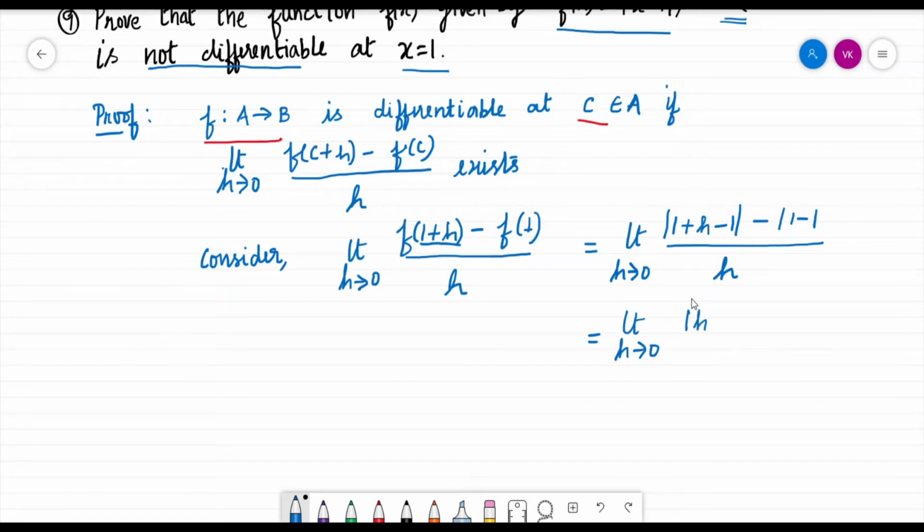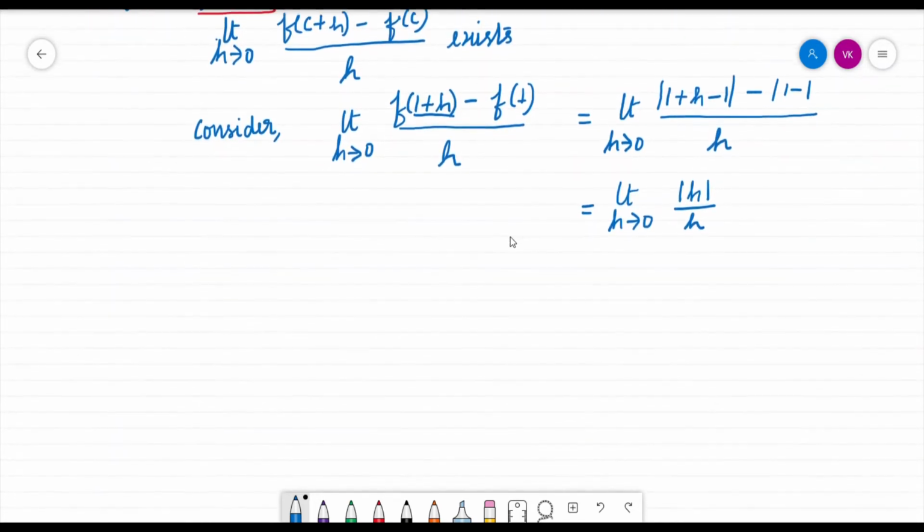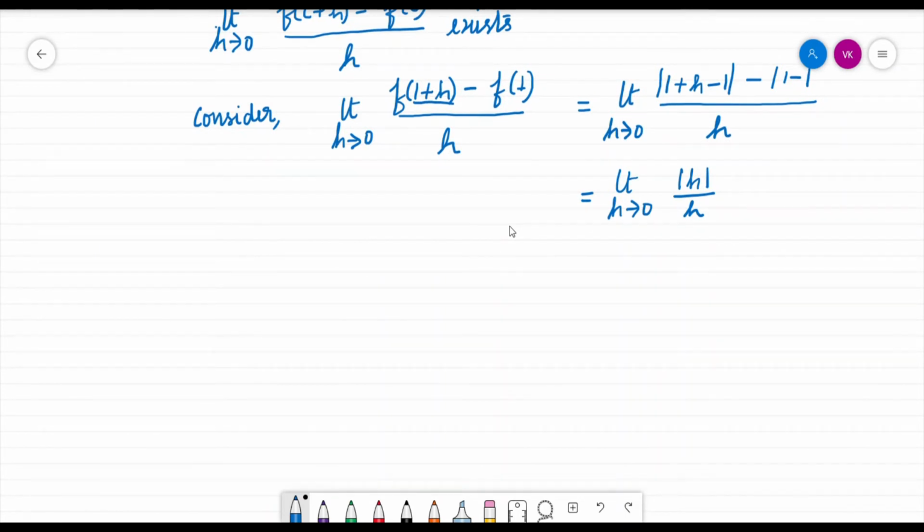mod h by h. Now if this limit exists, then we say f is differentiable at x is equal to 1. If this limit does not exist, then we claim that f of x is not differentiable at x is equal to 1. Now consider the left hand limit.